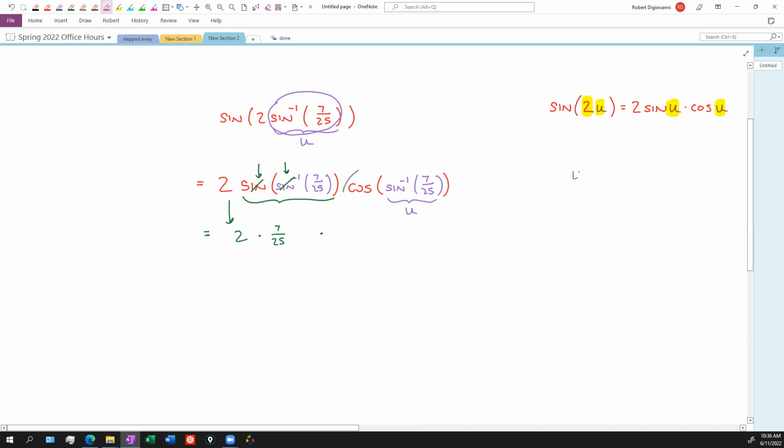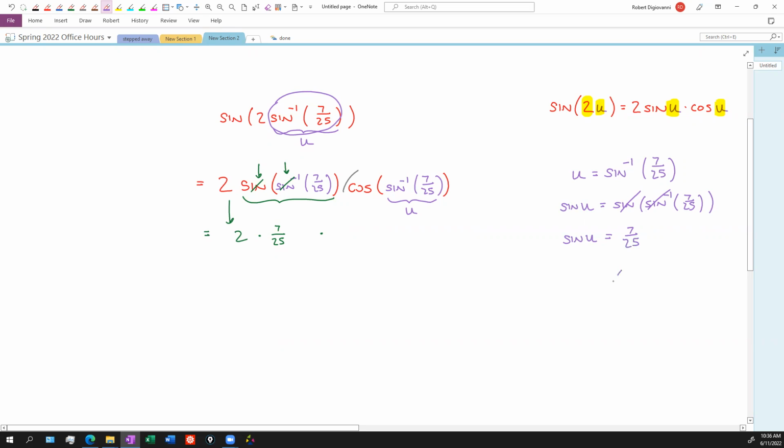Over here, I'm going to write down exactly what we're saying. u is equal to the sine inverse of 7/25. Now I'm going to take sine on both sides of this equation. You'll see where I'm going here in a second. That means that sine of u is equal to, and again, sine and sine inverse cancel, 7/25.